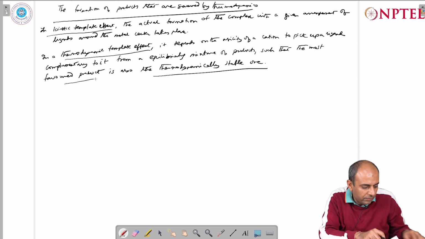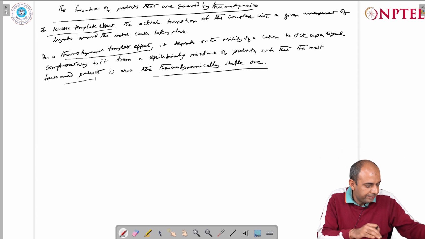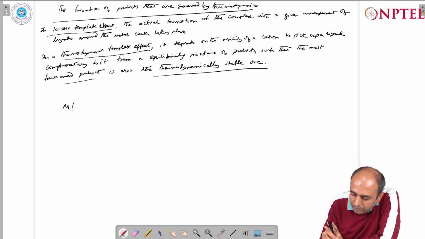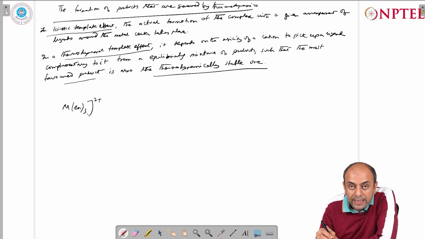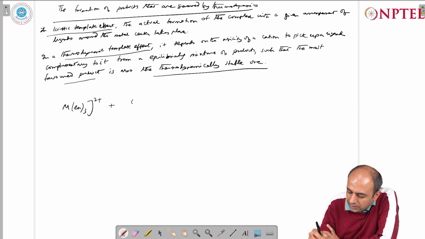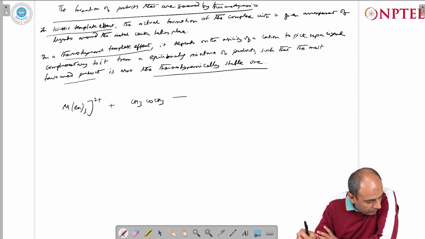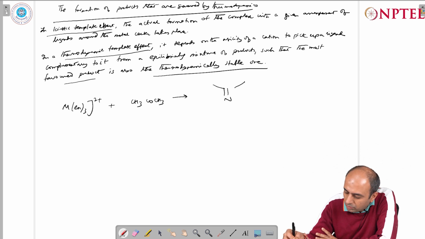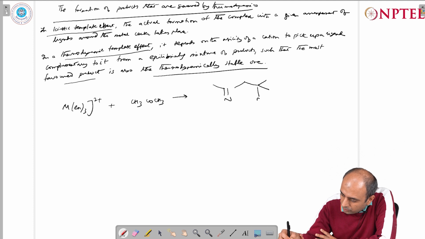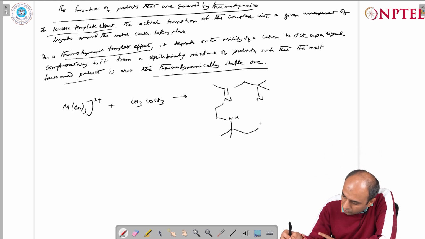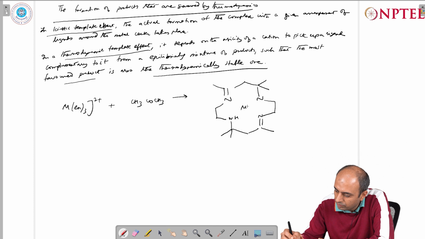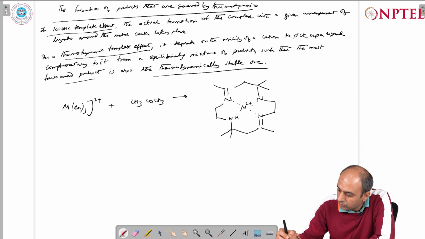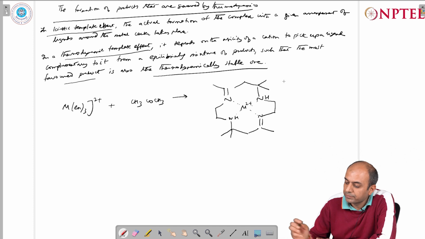For example, it has been observed that, let us take M, a tris ethylenediamine dicationic complex treated with acetone gives you this particular complex.